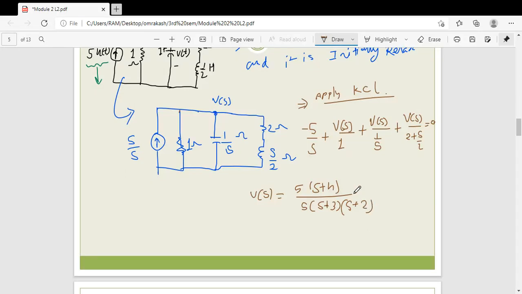Now use the partial fraction method to solve this in terms of A, B, C variables, right?